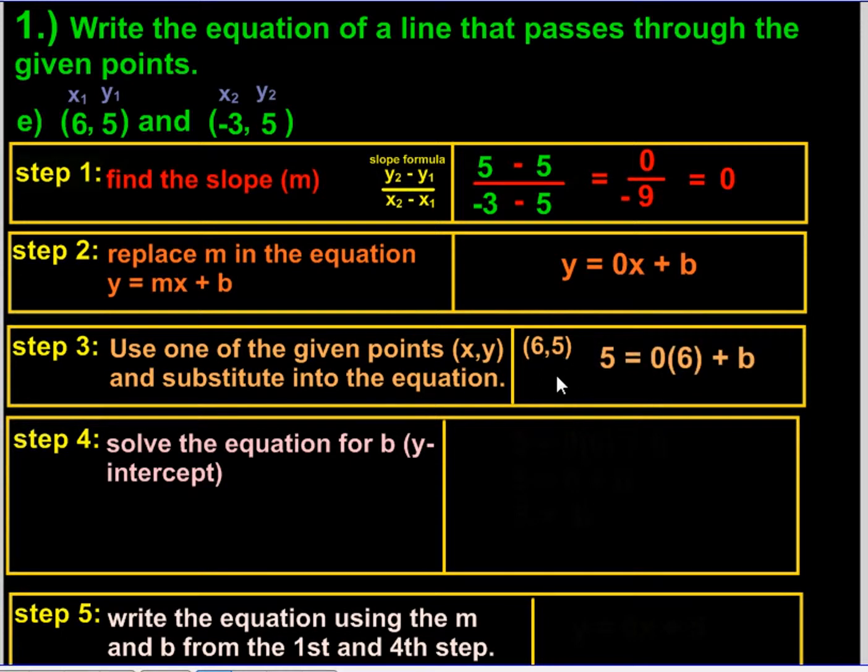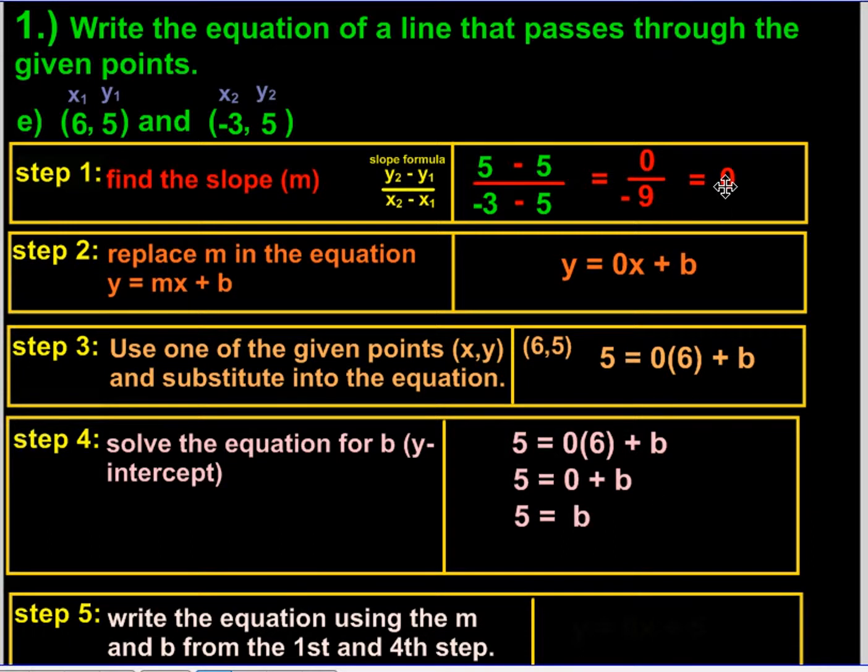So I have 5 equals 0 times 6 plus b. I then can solve the equation for the y-intercept. So if I multiply those together, I get 5 equals 0 plus b, which brings me to 5 equals b.